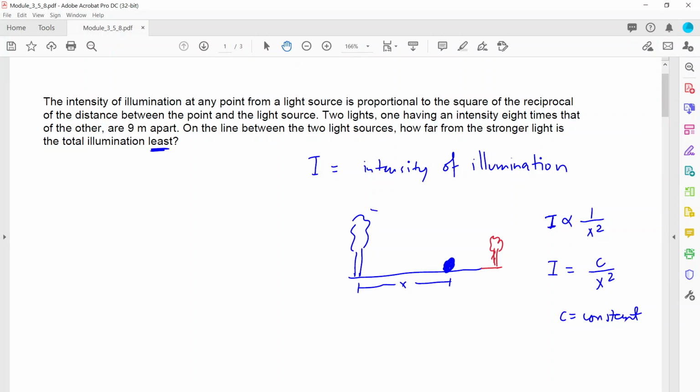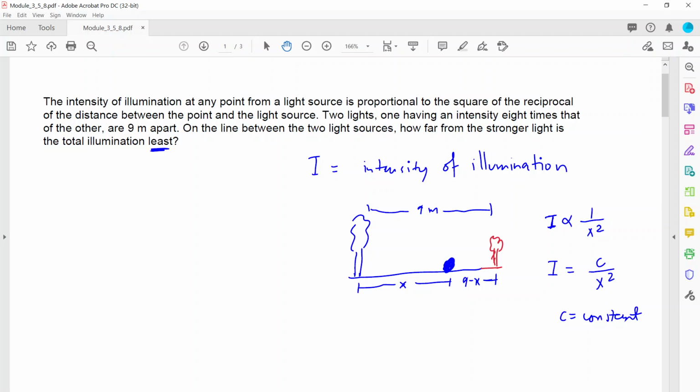So the distance from this light to this light is 9 meters, and the distance of the other light from this point is 9 minus x. So the intensity at this point from this light will be the coefficient of intensity over (9 minus x) squared. And for the other light, it would be 8 times the coefficient over the distance x squared.